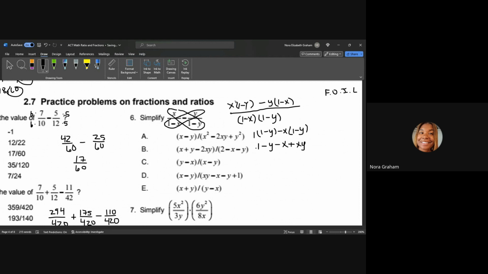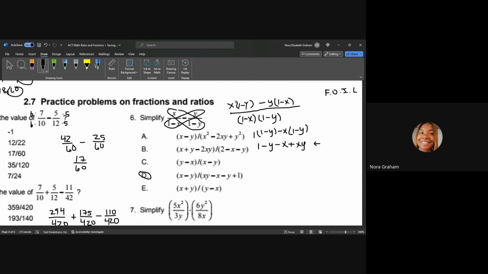If you know this is going to be our final denominator, you can look and see that this looks like what I just got as my final denominator, just written in a second way. So if you wanted to guess, you could say I think it's going to be D, but I'm going to show you the whole way out just so we can make sure it's D. But if you are in a test and you're running out of time or not sure how to proceed, you could look at which denominator looks like what I got, go with that answer, but let's finish it all out.